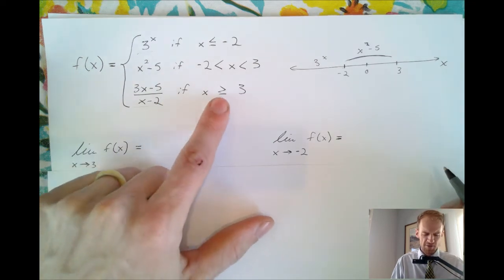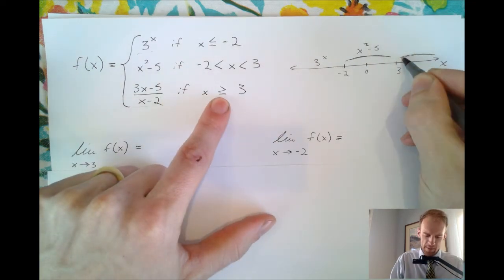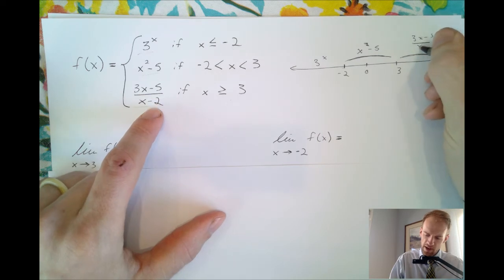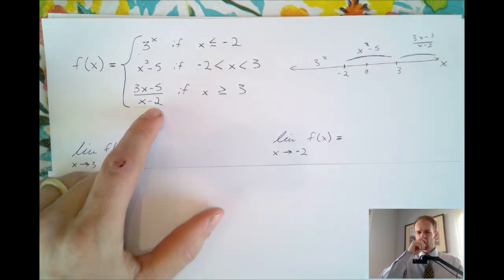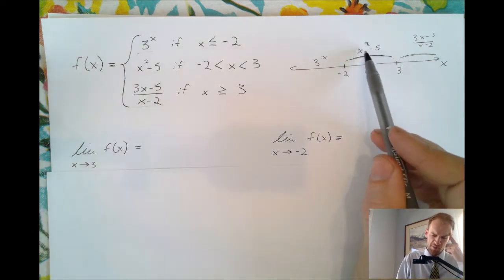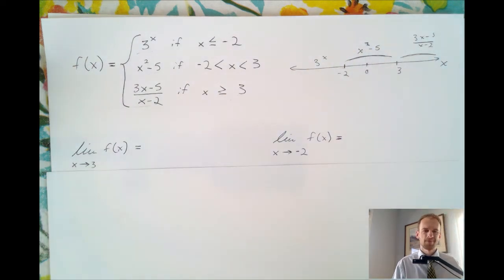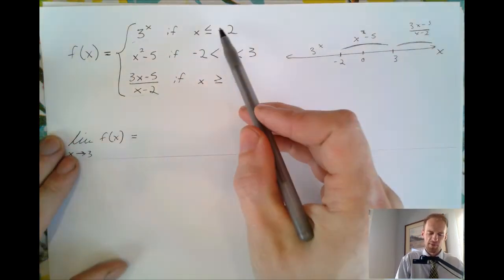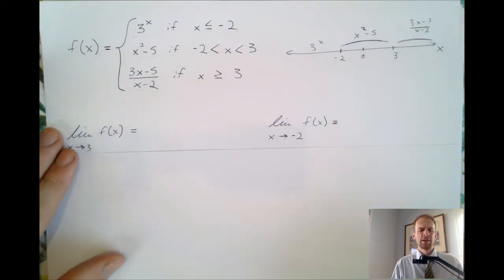And then everything from 3 up, I am graphing this rational function, 3x minus 5 over x minus 2. So this just helps my brain think about what x values get plugged into what piece of my function. Maybe that'll help you too. You don't have to draw this if you don't want to.